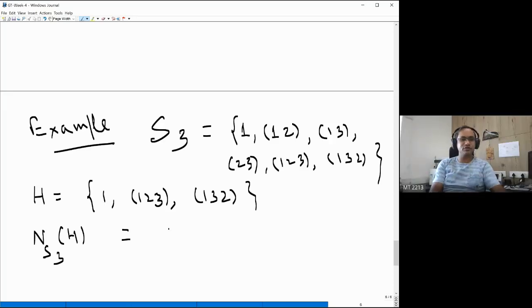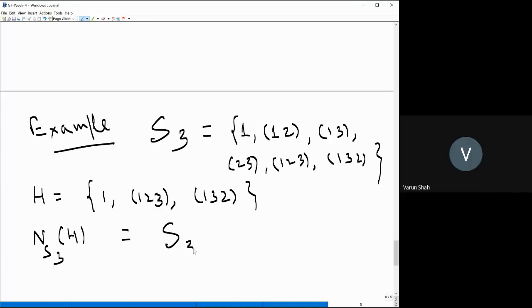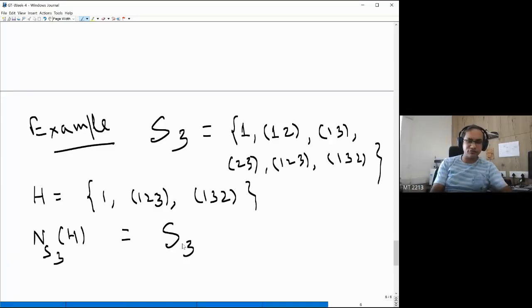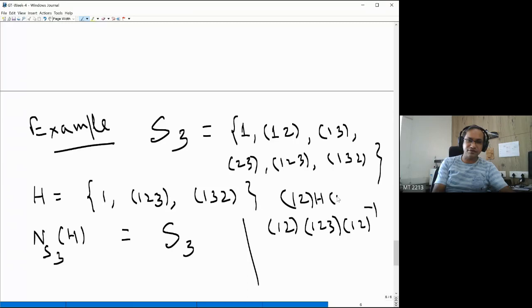It will turn out to be the whole of S3 probably. So let's at least practice one thing, let's work out one example here: (1 2 3) and (1 2). So we have to conjugate H by (1 2), and see whether it is contained in H only. This is what I want to compute.